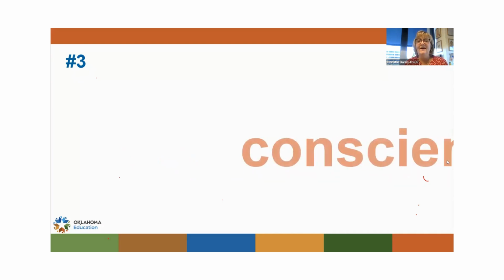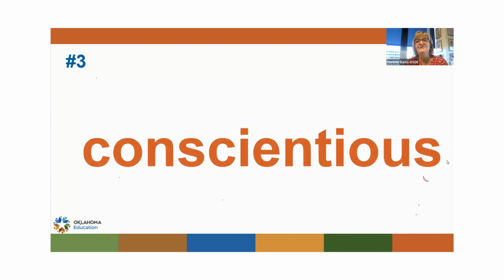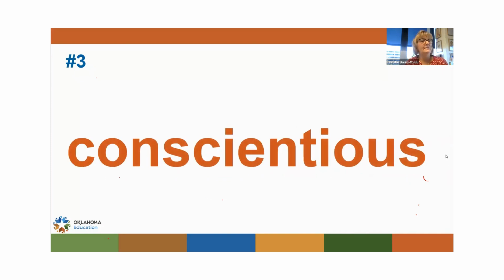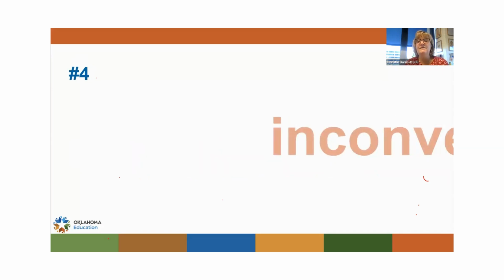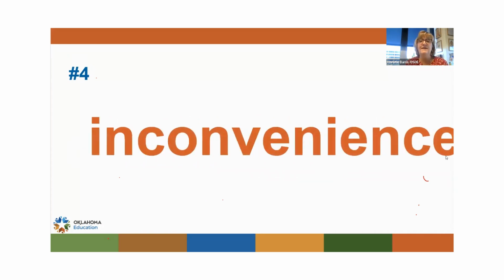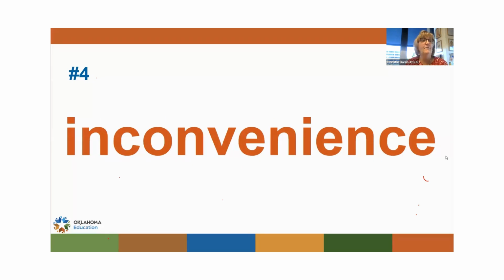I bet you got this one right, especially if you did the strategy that we did. And our last one, inconvenience. I cannot spell this word. In fact, I spell it so badly that spell check doesn't even correct it right for me. There's no dictionary entry with my spelling of this word. So I'm going to be practicing it. Inconvenience, convenience.